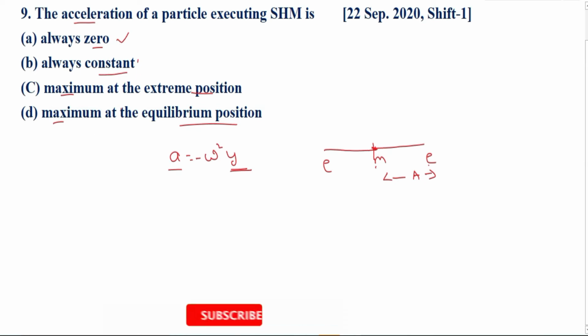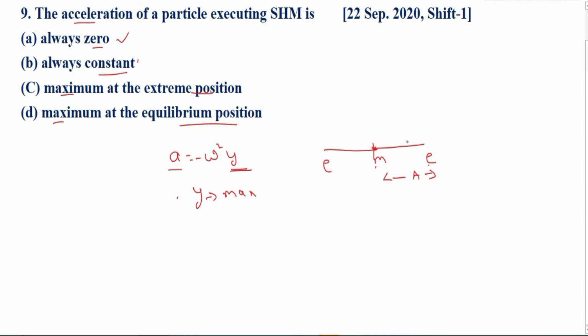Now you have to find the position where it is maximum. a will be maximum when y is maximum, that is, when displacement is maximum. Displacement will be maximum when the particle is at the extreme position.